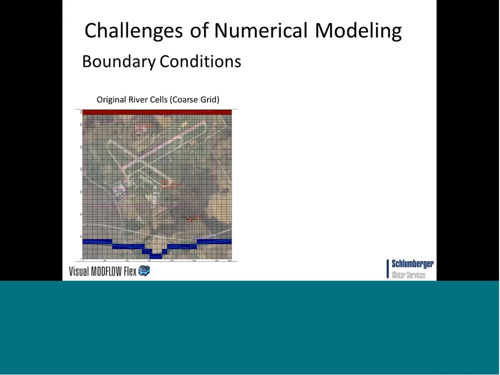First are boundary conditions. If you start with the example shown on the left here, where you start with a coarse numerical grid and you assign some of your boundary conditions to this grid, either constant heads or river cells that are shown in blue at the bottom of the screen.